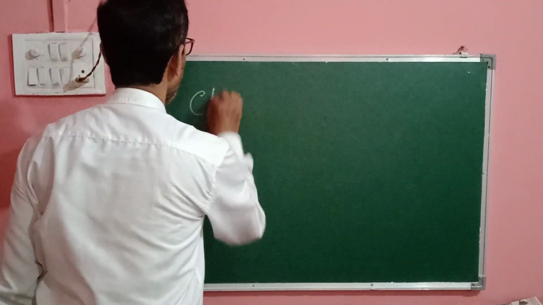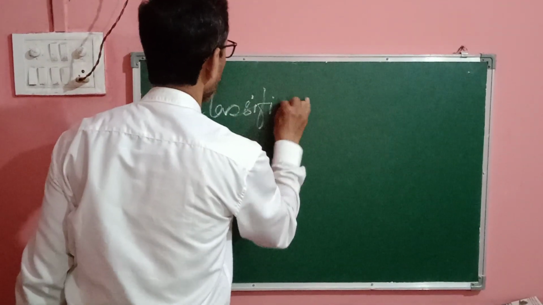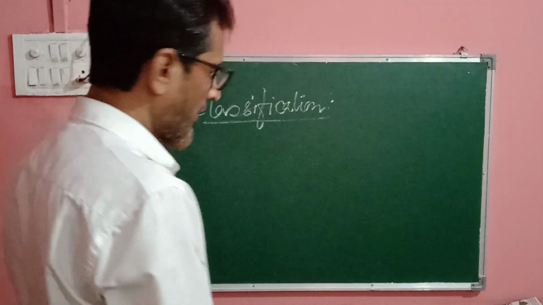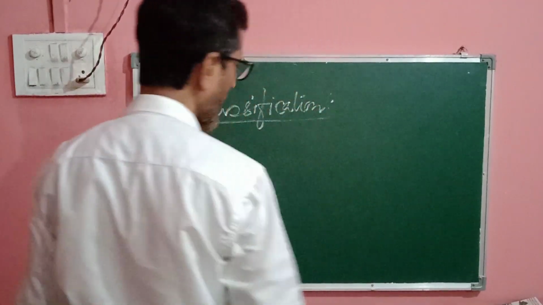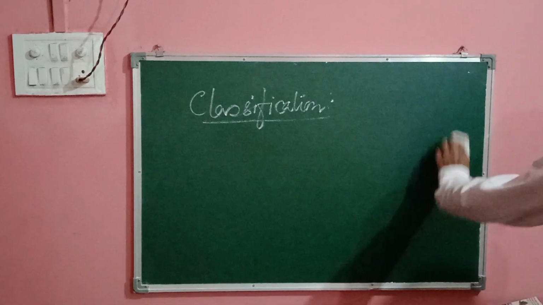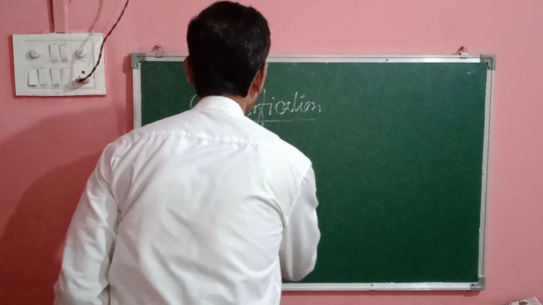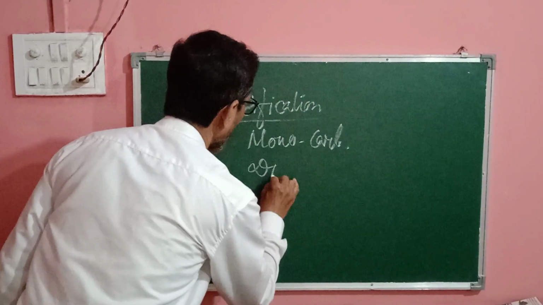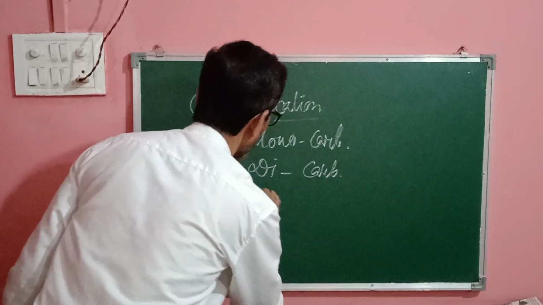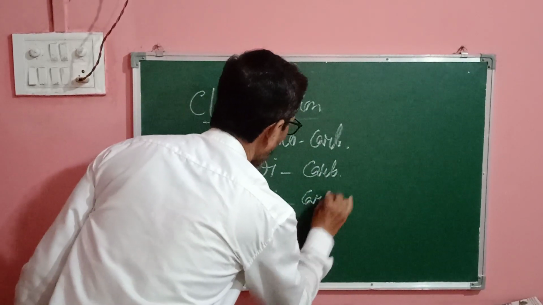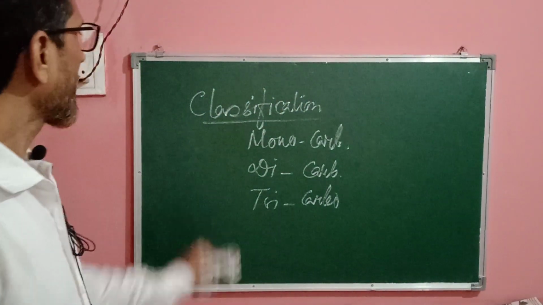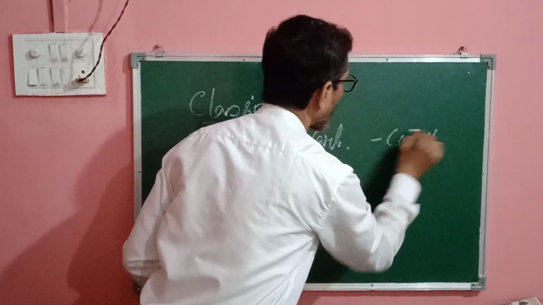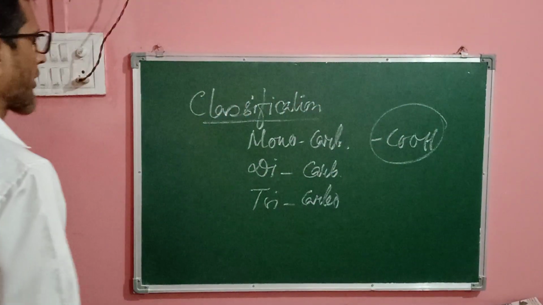Now the second part is classification. In the classification, we can say carboxylic acid may be monocarboxylic acid, dicarboxylic acid, tricarboxylic acid, etc. That mono, di and tri depend upon the number of carboxylic groups present in the structure.